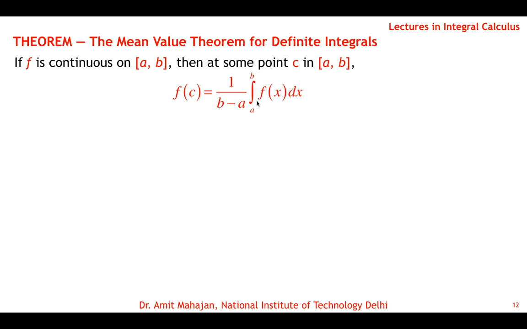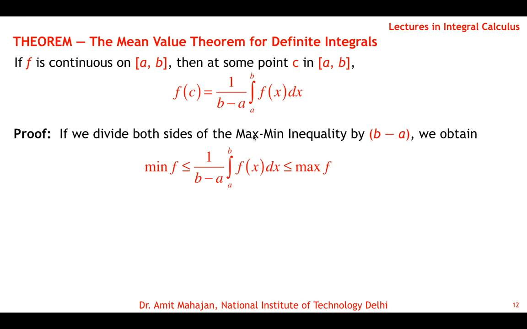You can clearly see this is the definition of average value: 1/(b minus a) times the integral from a to b of f(x) dx is nothing but the average value of the function. It says that the average value must be taken by the function at at least one point c in the interval. To prove this, you can use the min-max inequality.